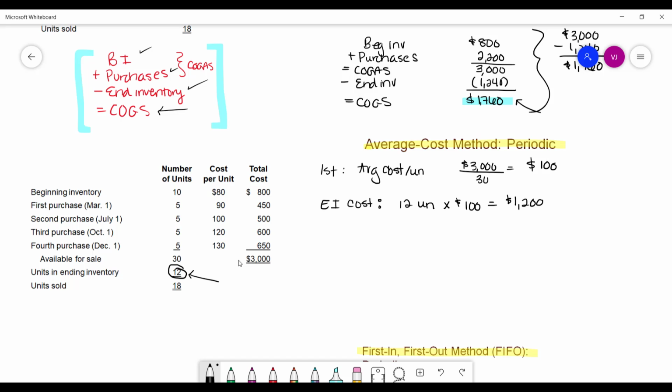Well, I know that if I subtract ending inventory from the cost of goods available for sale, I get my cost of goods sold. So we can simply take that $3,000 of cost of goods available for sale minus my ending inventory cost of $1,200 to determine that my cost of goods sold here is $1,800.